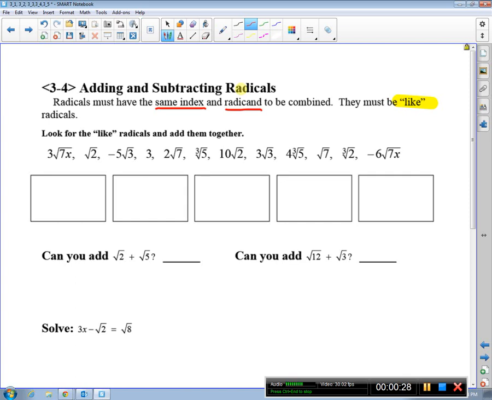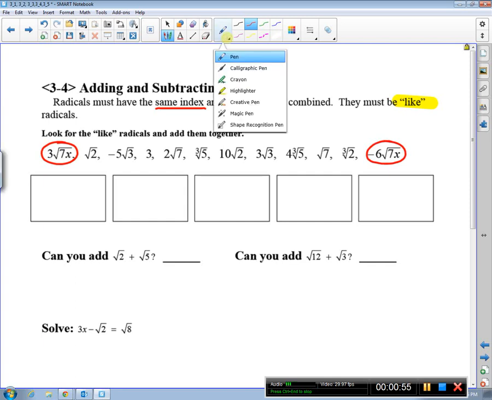So if we take a look at this listing of all these radicals, let's group some of the like radicals together and then we will add them. So are there any other radicals like 3 radical 7x? So look through and we have negative 6 radical 7x.